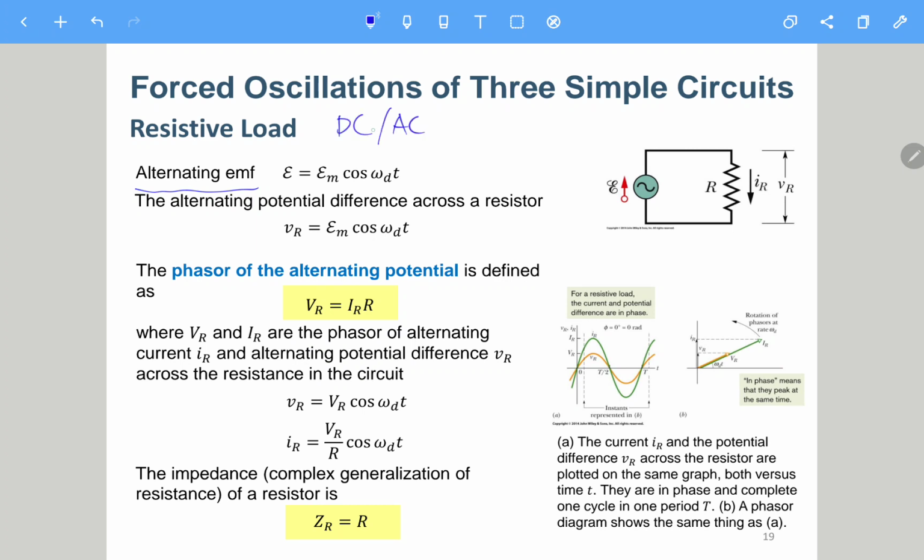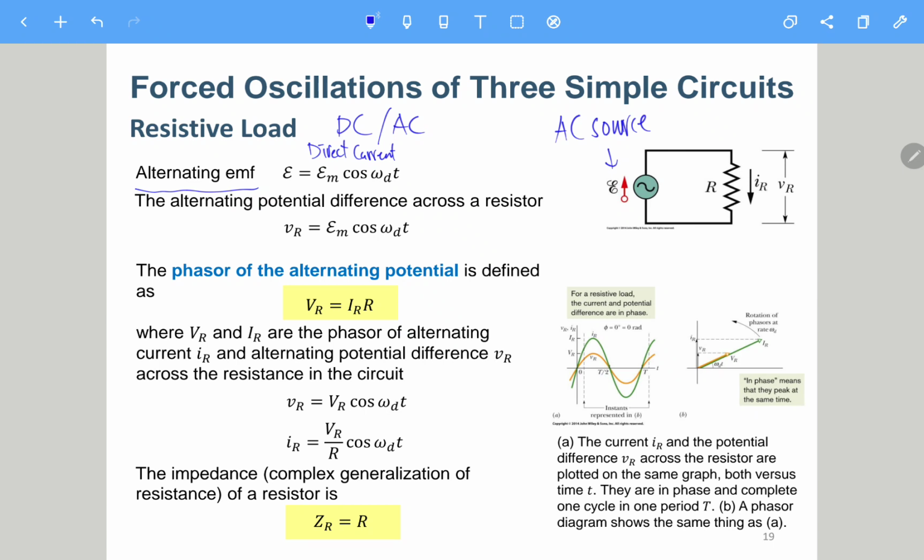DC means direct current, 直流电, and AC means alternating current, 交流电. So here this one is an AC source.